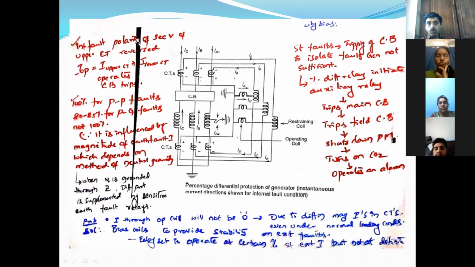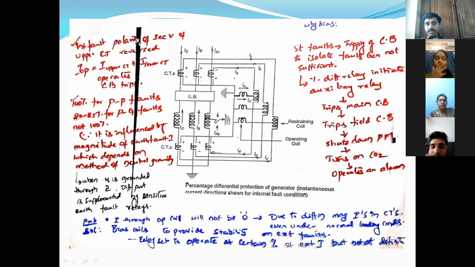That means the current won't go to the electrical load side. That current will go in this direction to the fault side. If you see the lower CT, it is as previous.